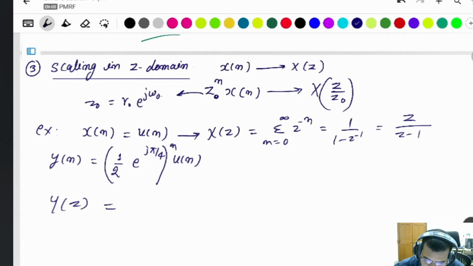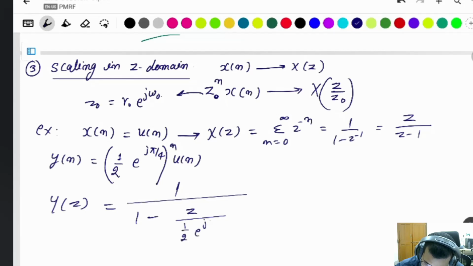Y(z) is equal to z divided by z1, so 1 divided by 1 minus z inverse, then z divided by (1/2)e^(jπ/4) to the power of minus 1 z inverse.